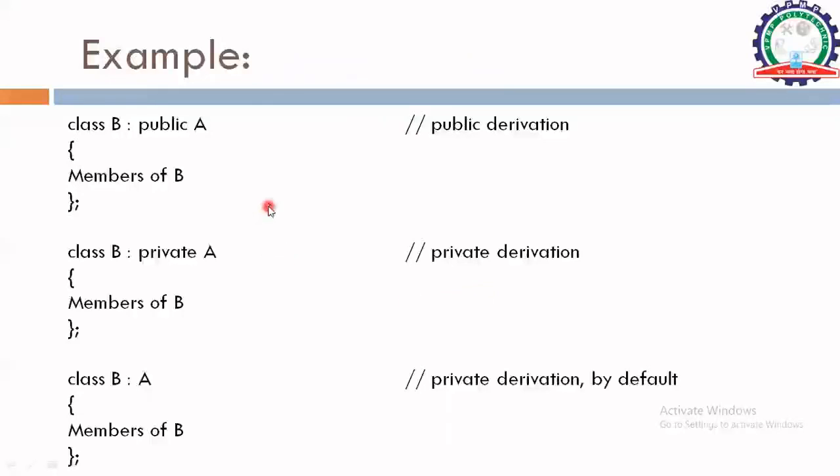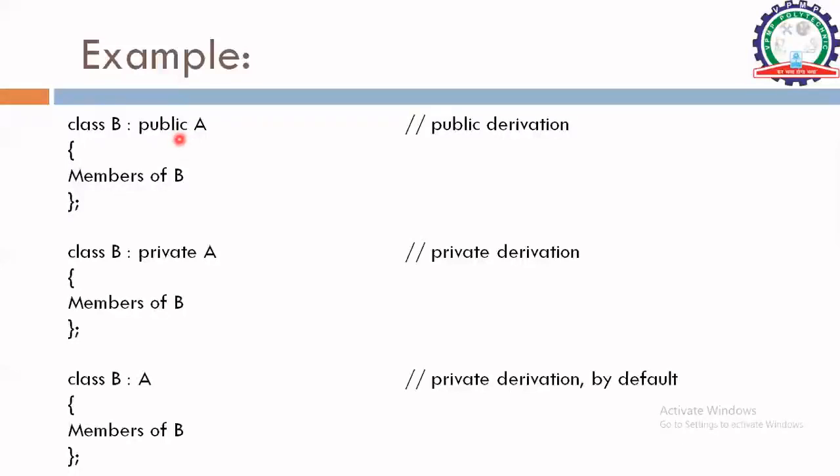For example, here we have taken class B colon public A. That means here B is a derived class and it is being derived publicly from class A. So we can say A is a base class or parent class, right? And we are deriving members of class A to class B in a public manner.